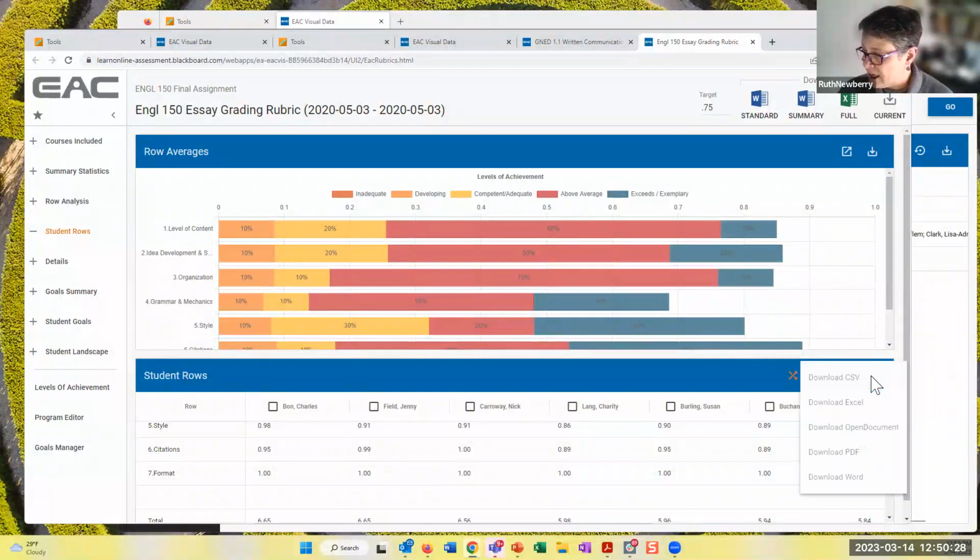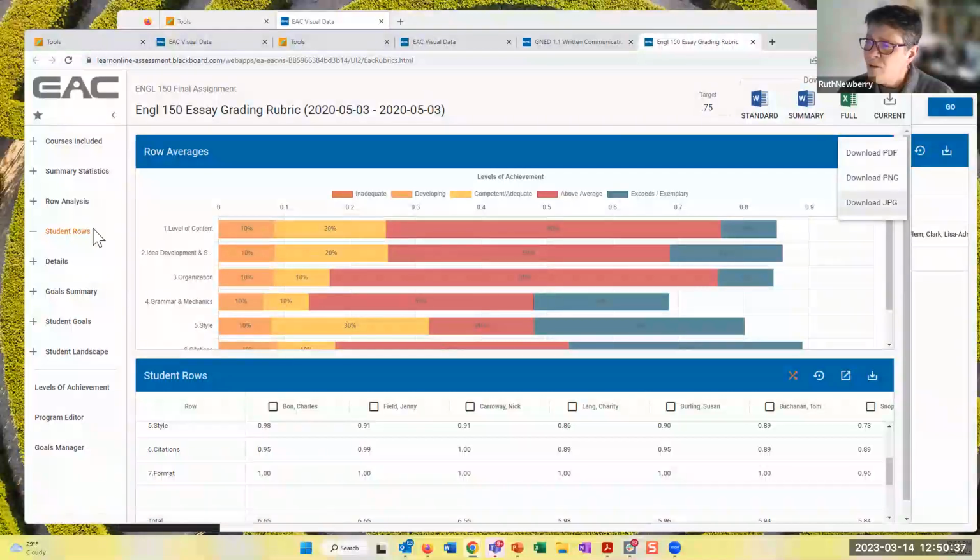You can download any of these different graphs or items into a variety of learning formats, but most likely you're going to use this standard or summary report.